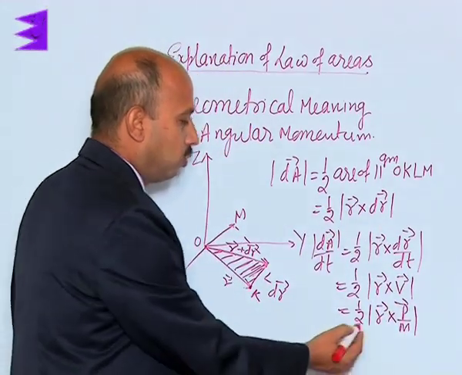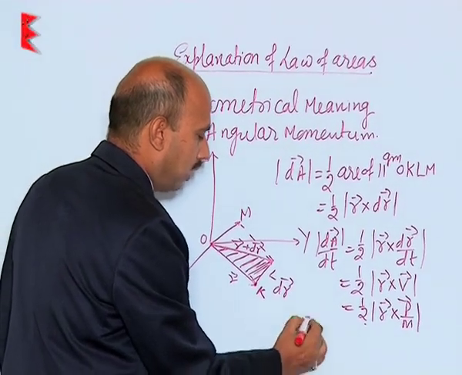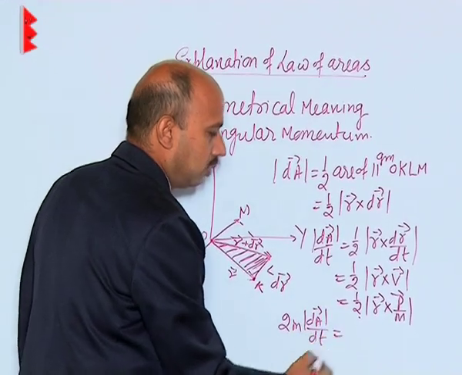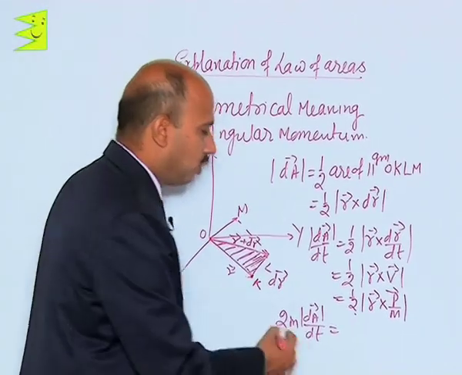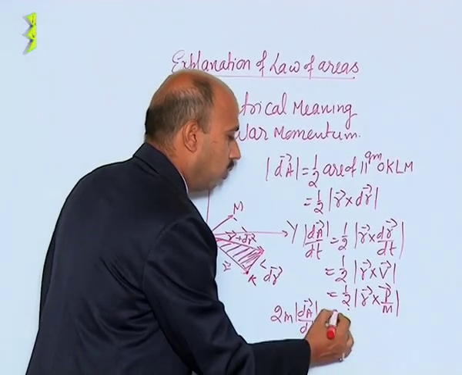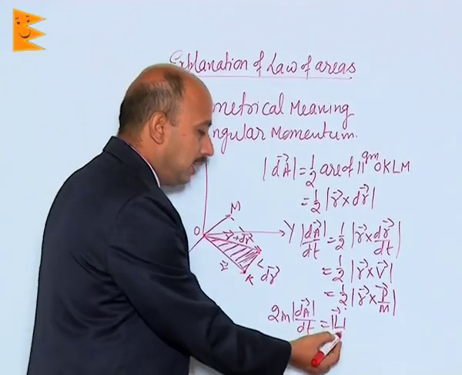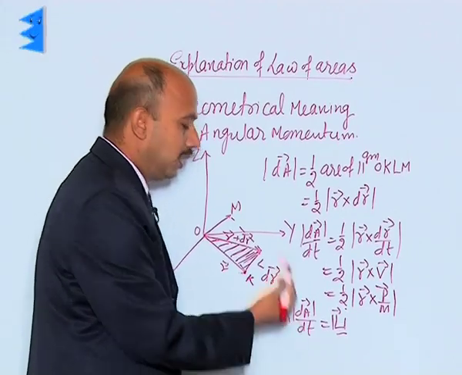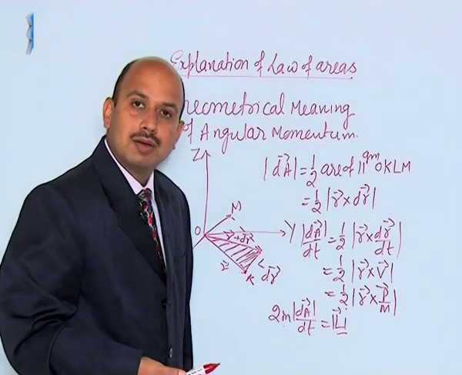Now this 2m we can take to this side, so we get 2m dA upon dt is equal to r cross p, which is left behind, that is equal to L. So here is the angular momentum. See here, the magnitude of the angular momentum is equal to twice m dA upon dt. dA upon dt is the time rate of change of area.